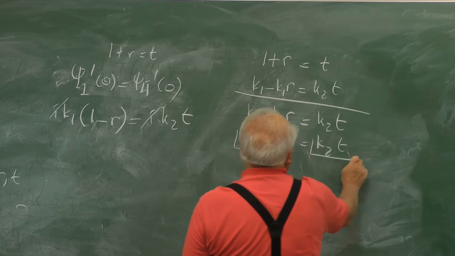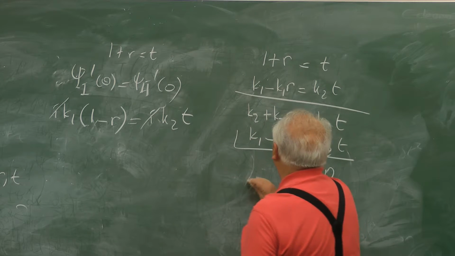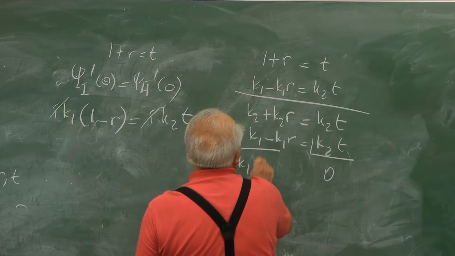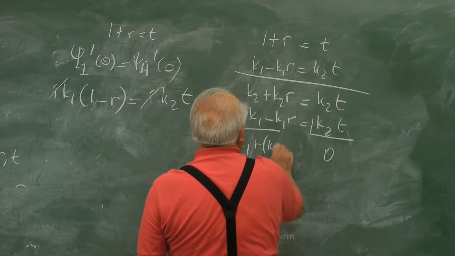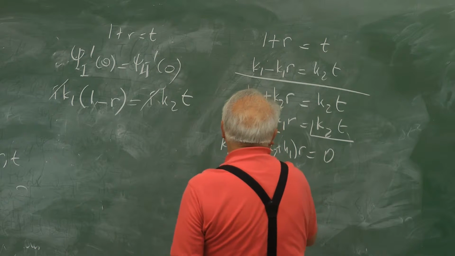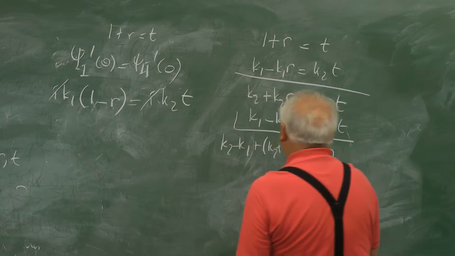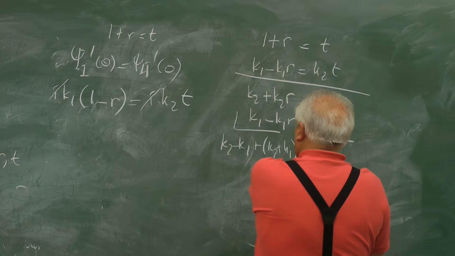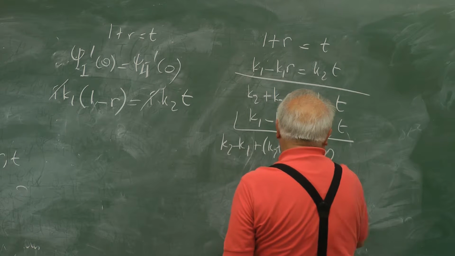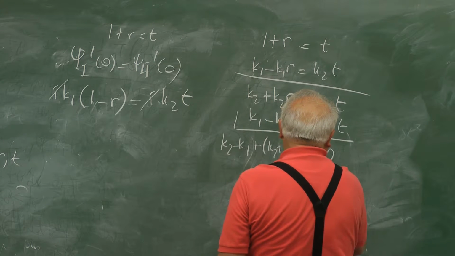Subtract. This is 0. This is k2 minus k1 plus (k2 plus k1) r equals 0. Therefore, r is equal to, this goes to the right-hand side with a minus, (k1 minus k2) over (k1 plus k2).